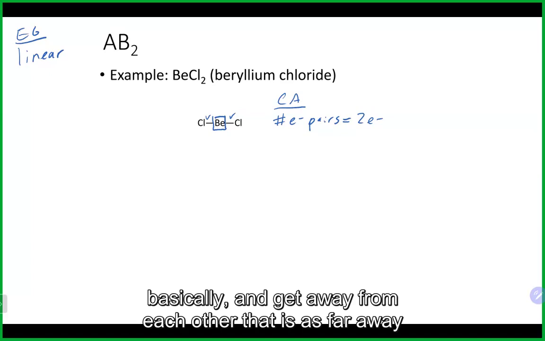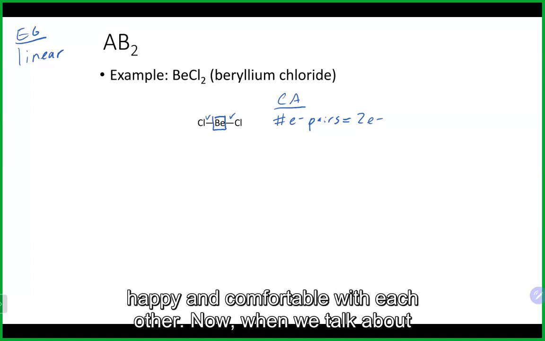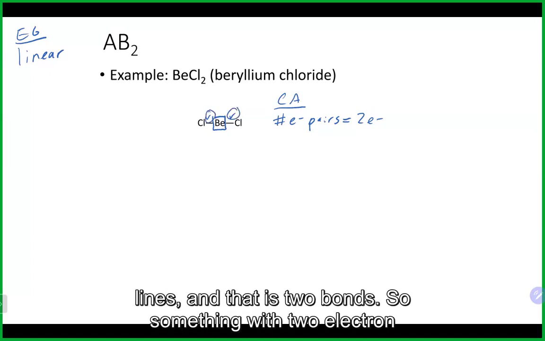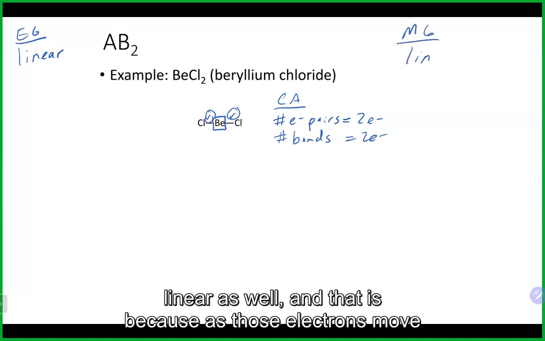That is as far away as those electron pairs can spread out and be comfortable with each other. Now, when we talk about bonds, those are the lines only, right? We have one line, two lines, and that is two bonds. So something with two electron pairs and two bonds has a molecular geometry known as linear as well.